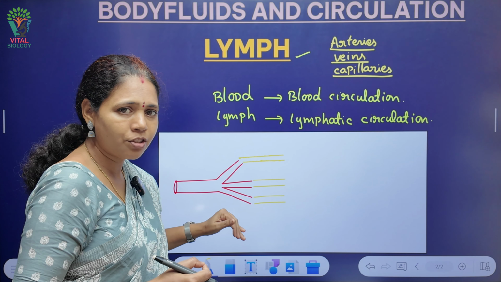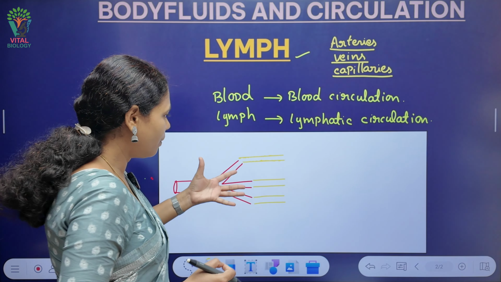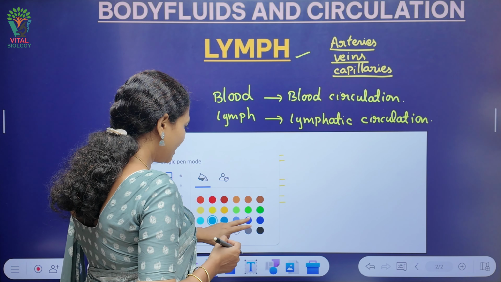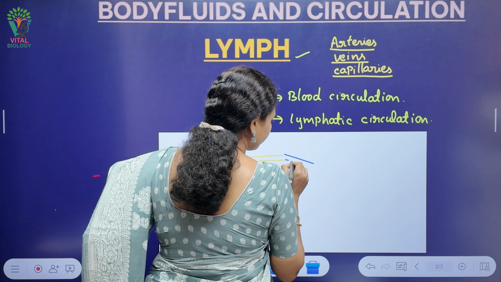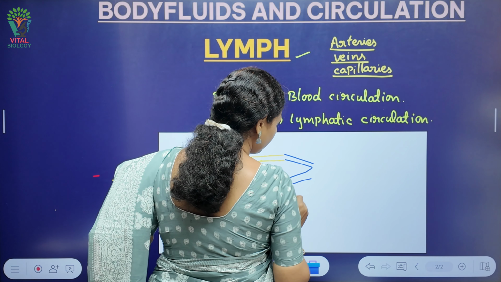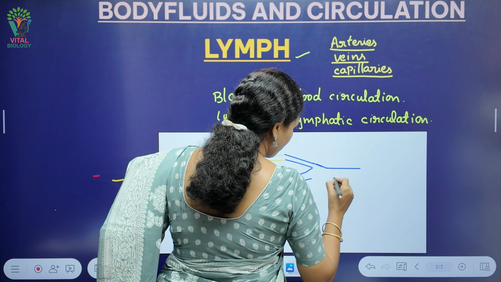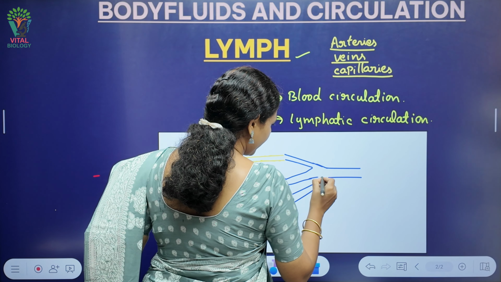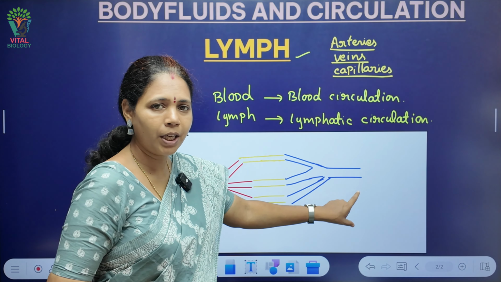Once the exchange is finished and the waste materials from those tissues are collected, these capillaries join and form the small branches of veins, which are called venules. These venules will join and form the veins.